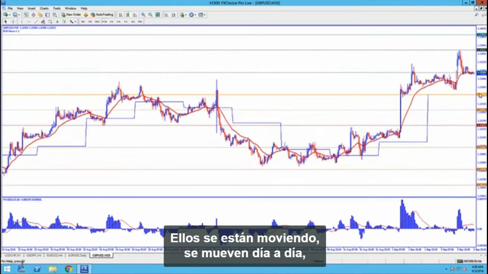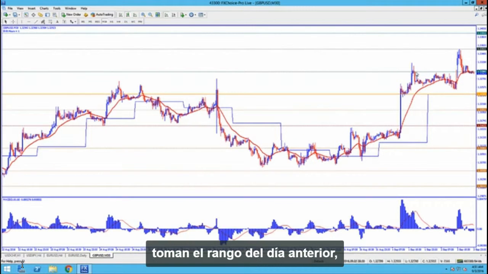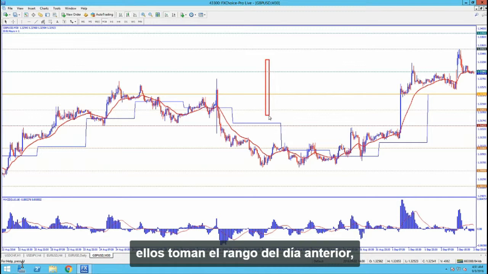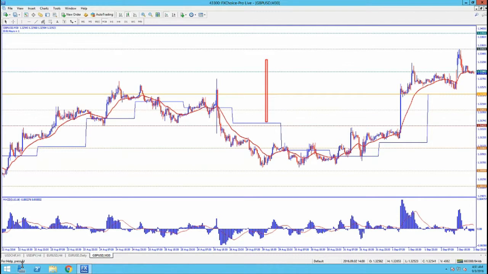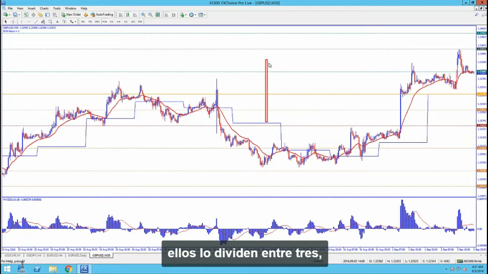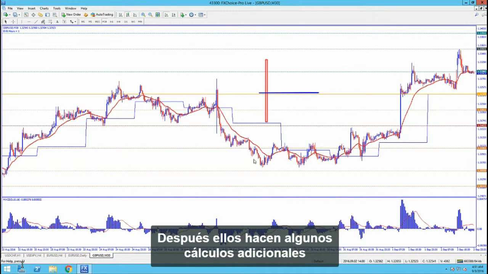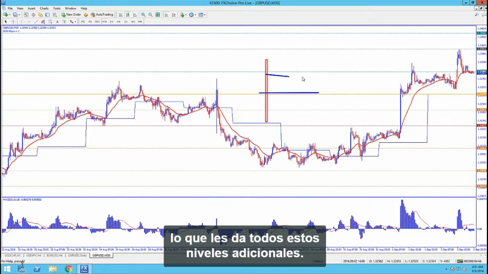They move from day to day. They take the prior day's range, high and low. They take the close, high and low, divide it by three, and they come out with a pivot level. Then they do some additional calculations, which gives you all these additional levels.